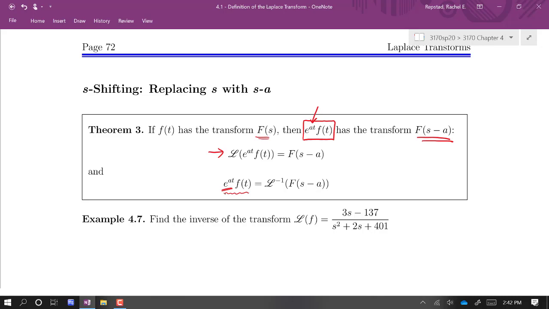We're going to find the inverse transform for this function. This is our big F of s, and I want to find the function of t, the little f of t, that has this function as its transform. We have this quadratic in the bottom.